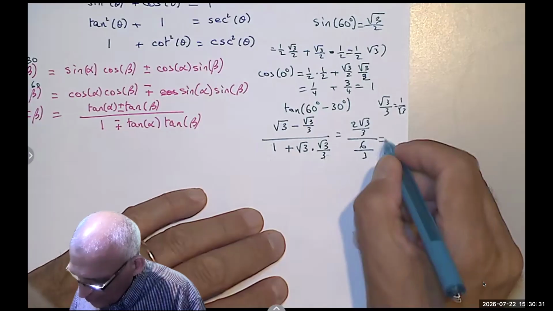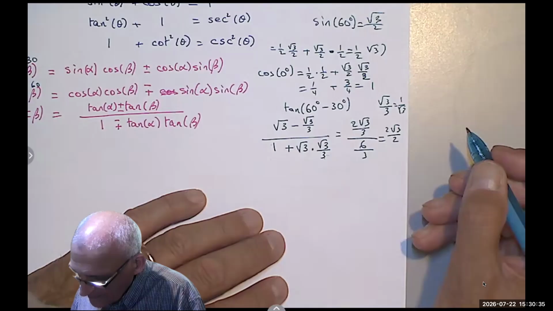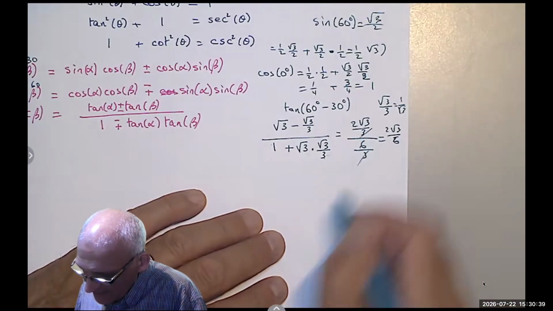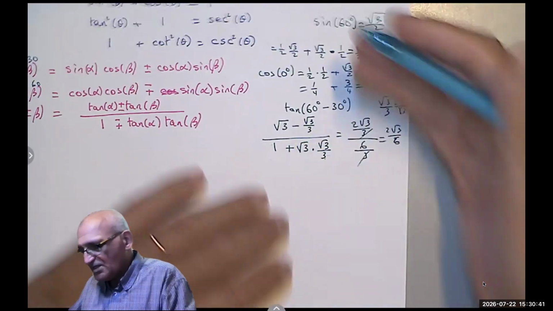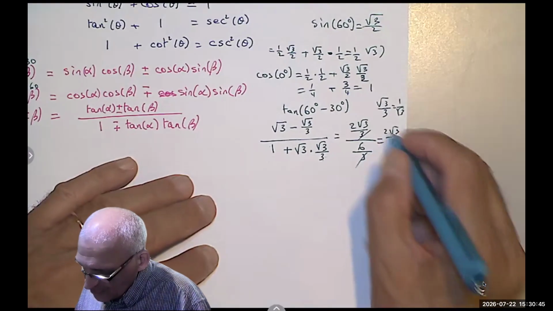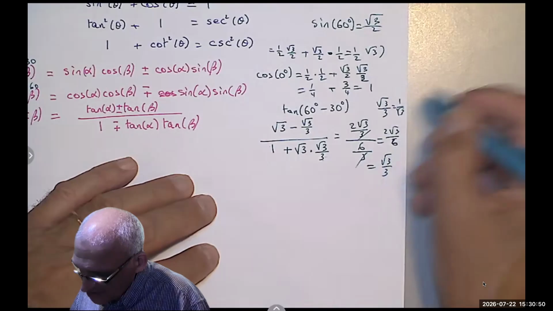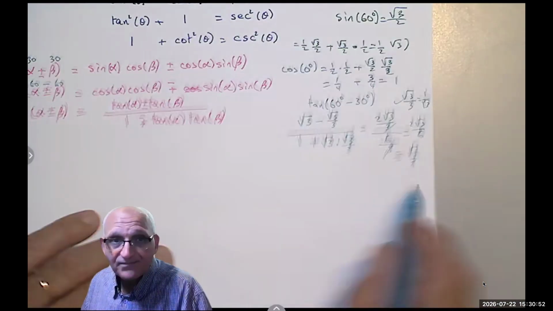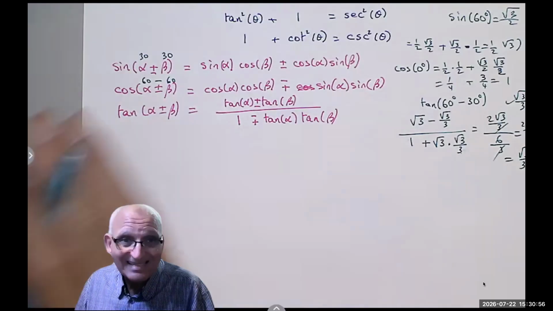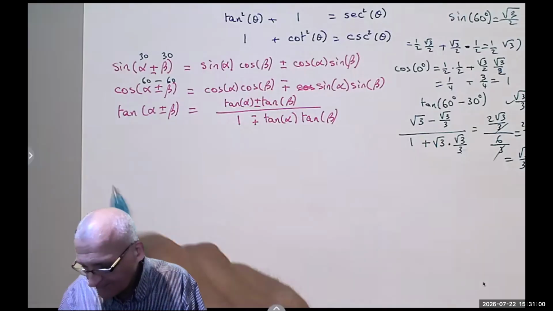So you get 2√3/3 over 2, and then the 2 and the 3 simplify to √3/3, which we said is the answer. So these three rules work for adding or subtracting sines, cosines, or tans.